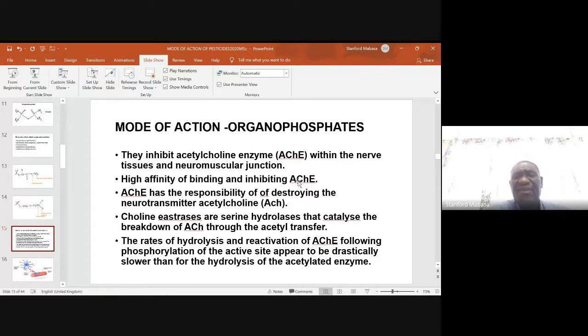This enzyme resides in the nerve tissues and the neuromuscular junction. Neuromuscular junction is the point of contact of the nervous system to the muscles.